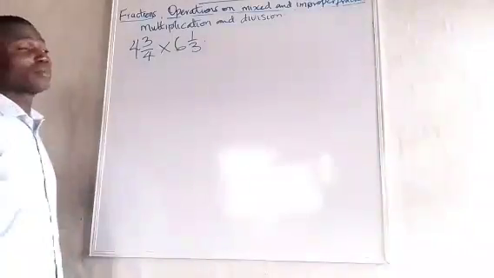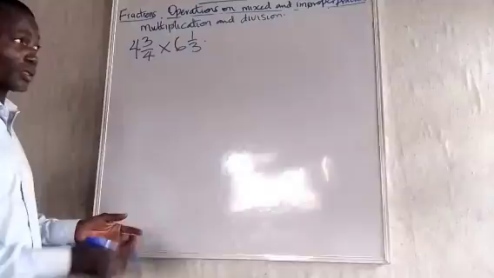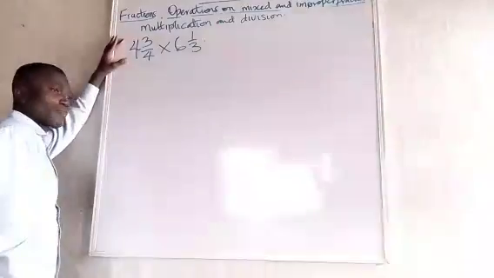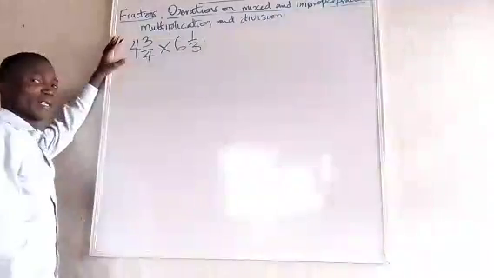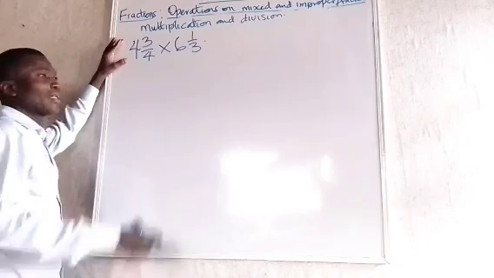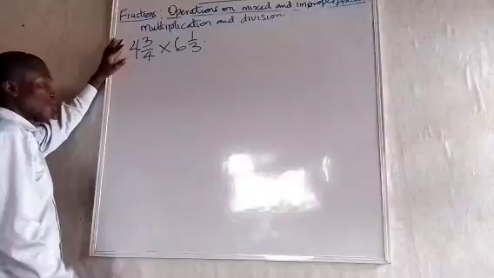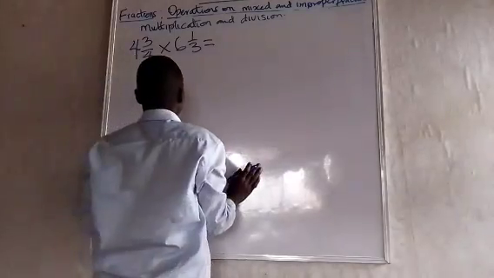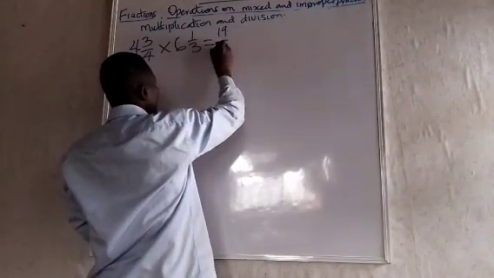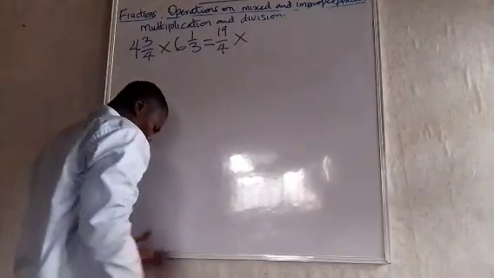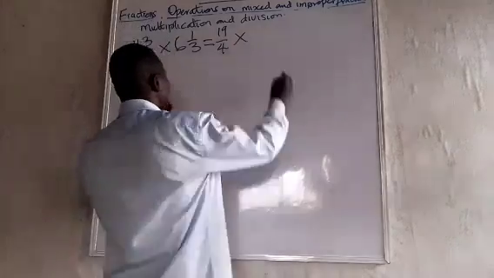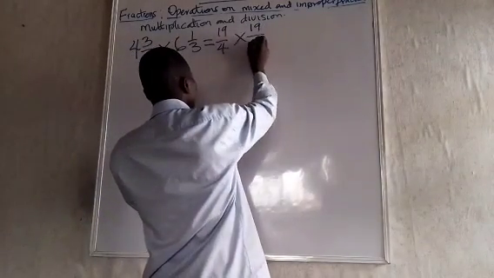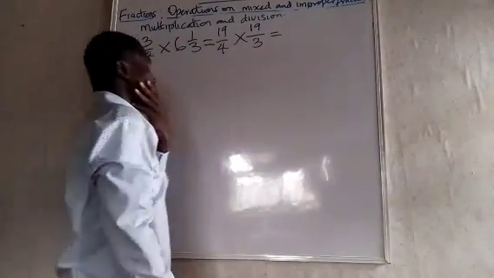If you make it unnecessarily long, you could break it down like in addition and subtraction. But if I want to do this, I must convert everything to improper fractions unless it is a whole number. Even if it is a whole number, it is even better. Well, you can do that one straight. So this is what you are going to do. 4 times 4, 16 plus 3, 19 over 4. Times 6 times 3, 18 plus 1, 19 over 3. And what does it give me?